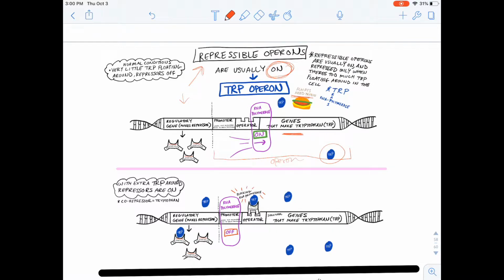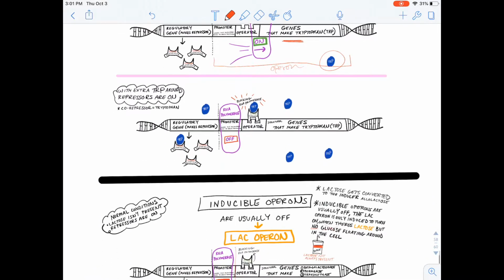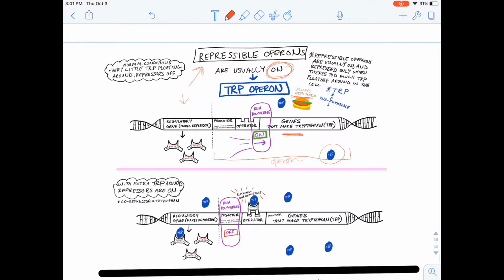The regulatory gene makes these repressors. And what repressors are supposed to do, no matter if it's for the TRP operon or for the LAC operon, a repressor is supposed to repress or stop or block RNA polymerase from transcribing genes.